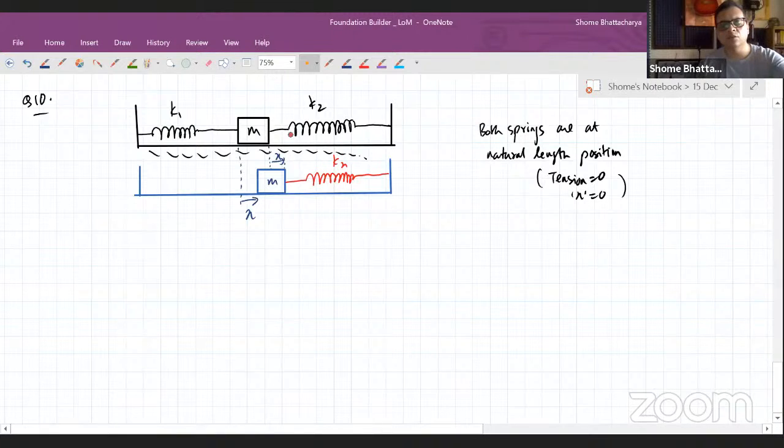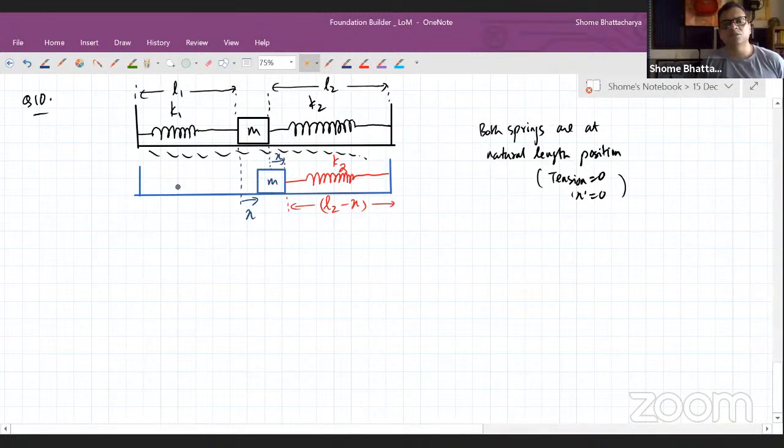The spring having spring constant K2, its length has been compressed. It is whatever the original length was minus x. Like the original length in this diagram, the natural length was L2. So now this is compressed by x.